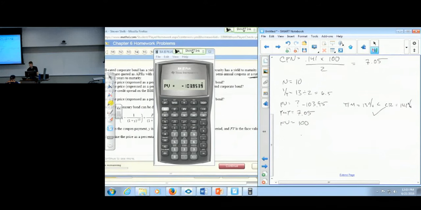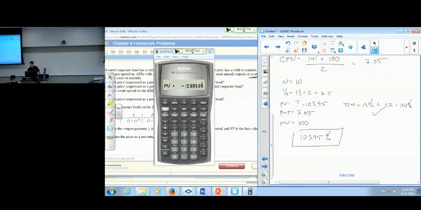We're okay. All right, so Part A, the price as a percentage of face value is 103.95%. Right, because we assumed a face value of $100. So 103.95 divided by 100 is 103.95%.